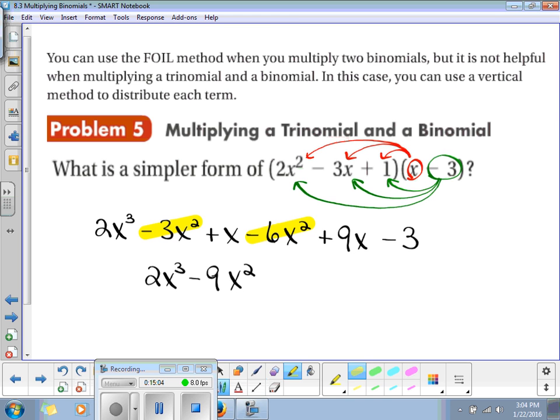And then we have a positive x and a positive 9x. When you combine those like terms, we get positive 10x. And then we're going to bring down the negative 3. So minus 3. And if you'll also notice, 3, 2, 1, 0. This is in standard form.